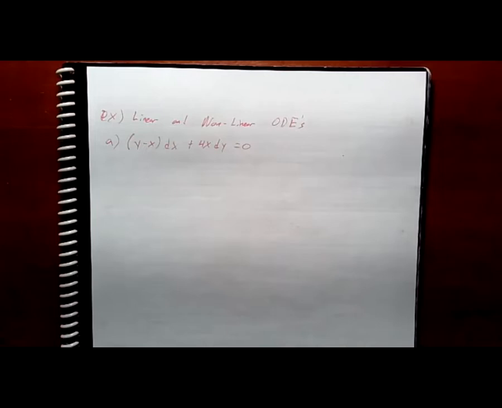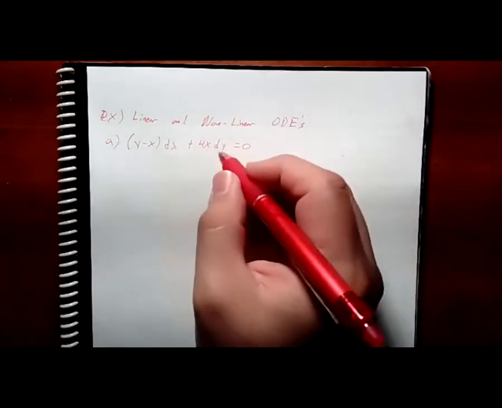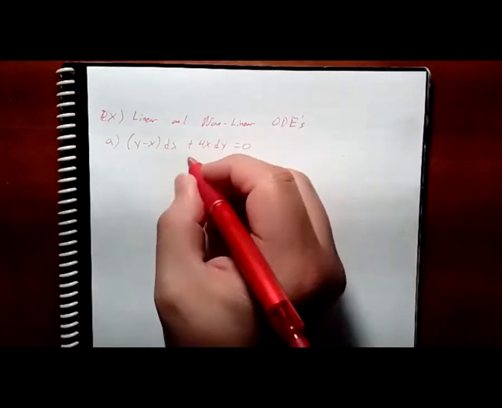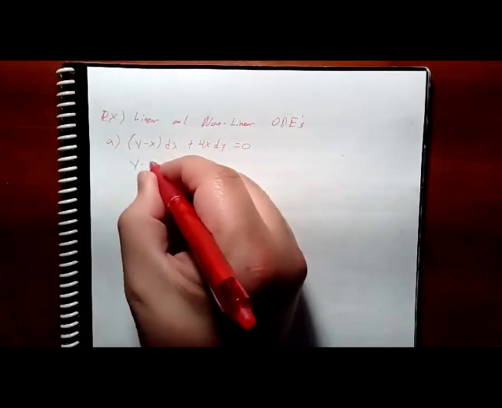I don't see any weird powers on the y or the dy dx, right? So yeah, it's going to be linear. But we should double check by solving for dy dx, or at least dividing that part out like we did earlier.